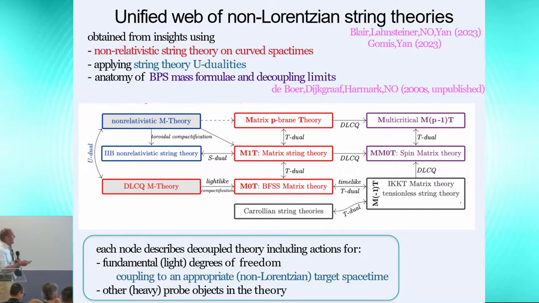Here's sort of an overwhelming web, but it's to give you the idea that this non-relativistic string theory that I quickly discussed is actually related by dualities to many other corners that have been studied before, like BFSS matrix theory or non-relativistic M theory. But the overarching novelty here is that we now know the target spacetimes on which these different decoupling corners of string theory live. And there are non-Lorentzian target spacetimes.